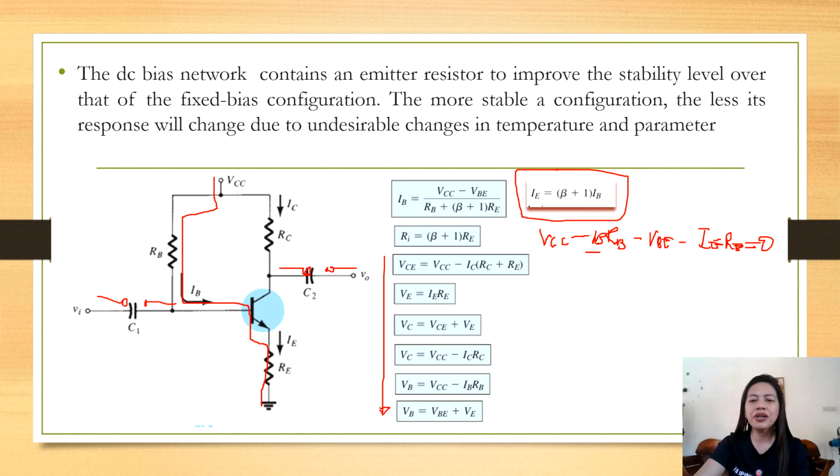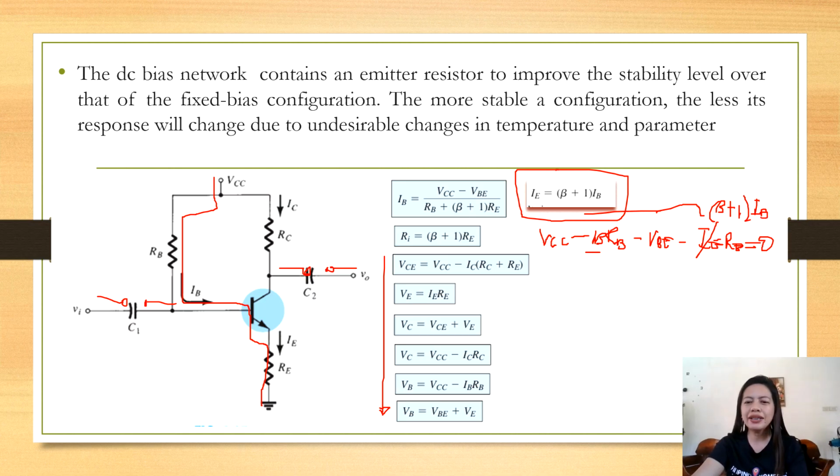There is a term here that we can express in terms of IB, so we can use here the power formula, the IE. So IE could also be beta plus 1 times IB, right? So we are already expressing it through IB.